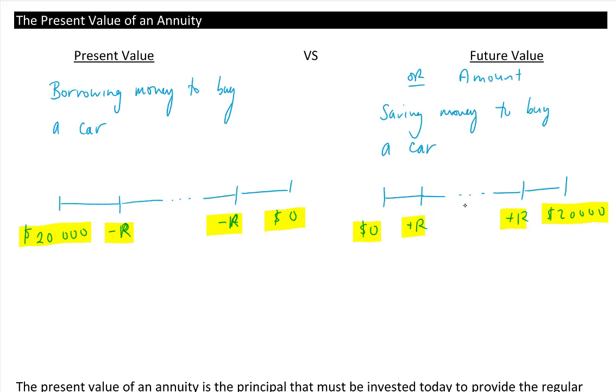Also recall from our last lesson that the amount of an annuity was equal to R times (1 plus i) to the n minus 1, all over i, and that this calculation would be all your regular payments that you put into your account plus interest.